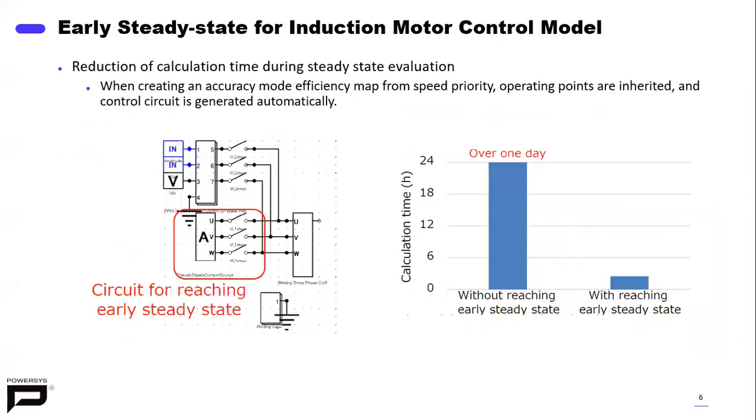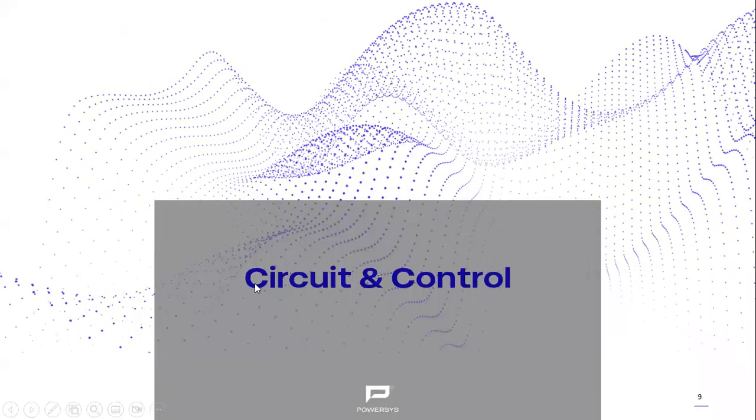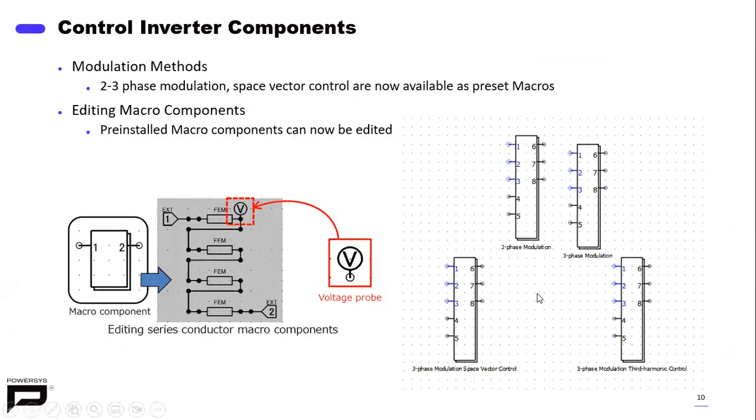And quickly, we will see what enhancements have been made in circuit and control. The first thing is that you can see there are different inbuilt macro components available in version 22. We have two-phase and three-phase modulation and space vector control macros available.